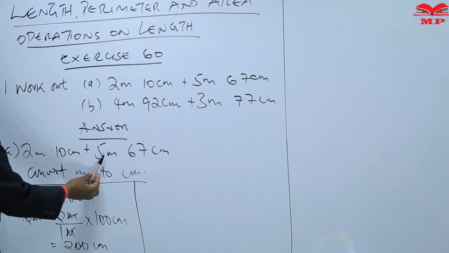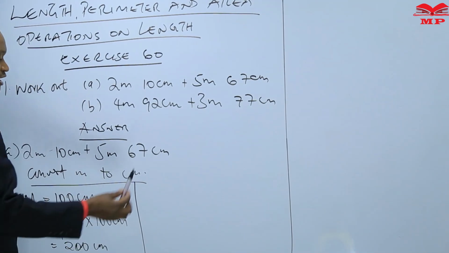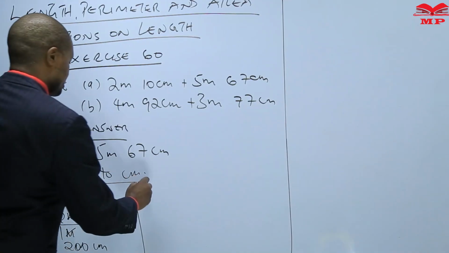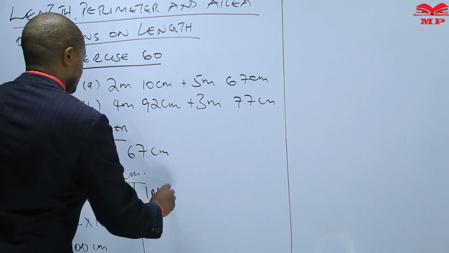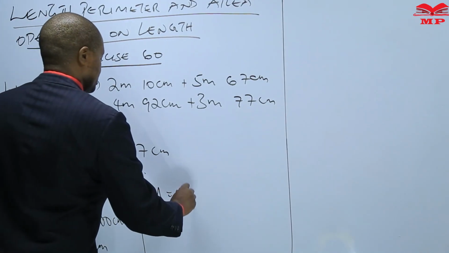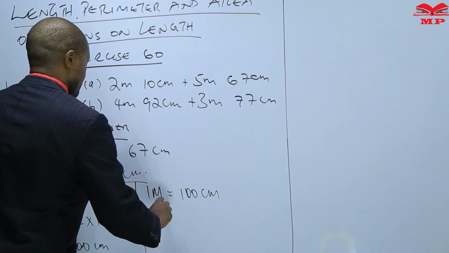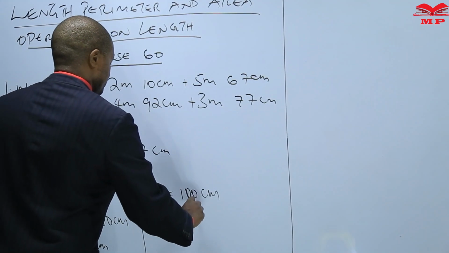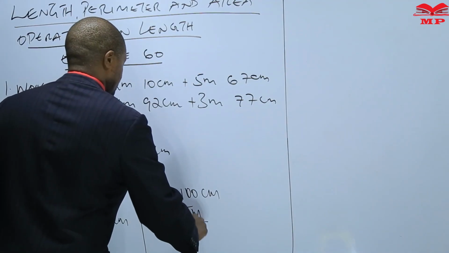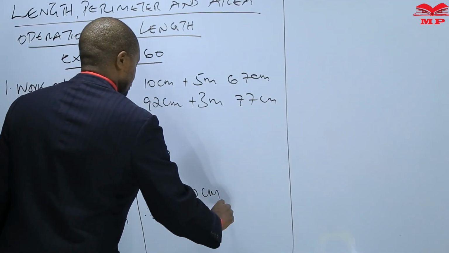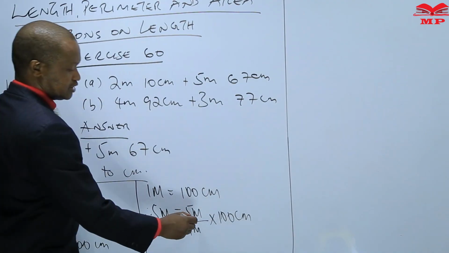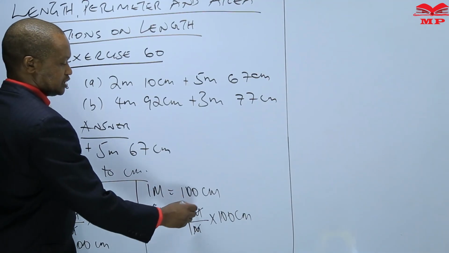Then we convert the 5 meters again into centimeters. We know that 1 meter is equal to 100 centimeters. Therefore, 5 meters will be equal to 5 meters divided by 1 meter times 100 centimeters. This meter will cancel that meter.